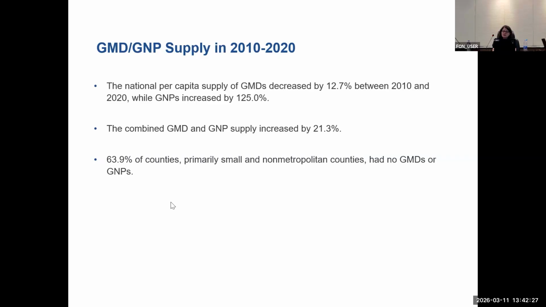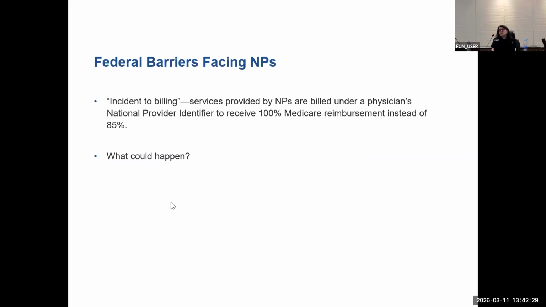But it doesn't mean that if nurse practitioner numbers are increasing, all the issues that nurse practitioners face are going to be addressed. There are many federal level issues, which are higher government level national issues, that affect nurse practitioners. One of the biggest challenges is that Medicare, a federal national level insurance for Americans who are older than 65, pays only 85% of the physician fee for nurse practitioners.